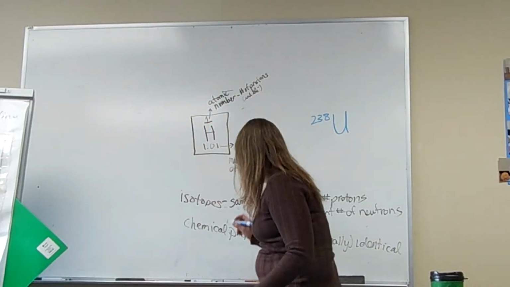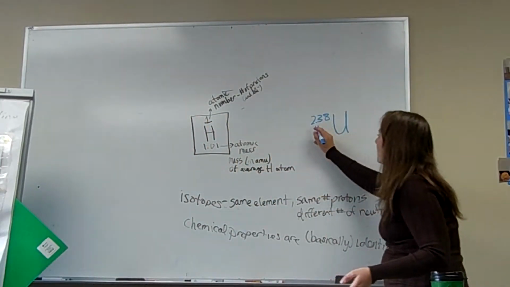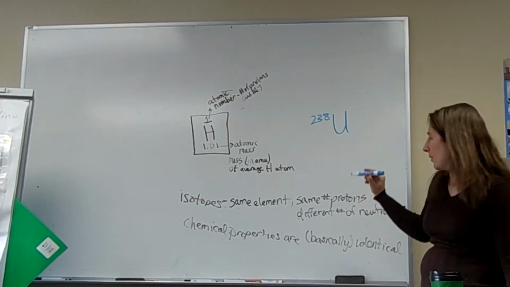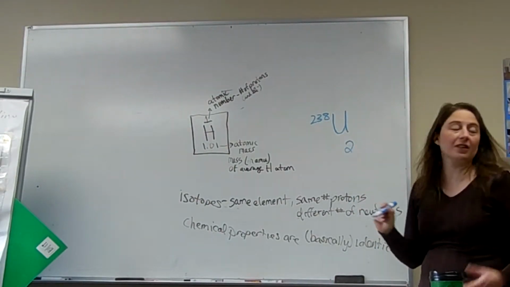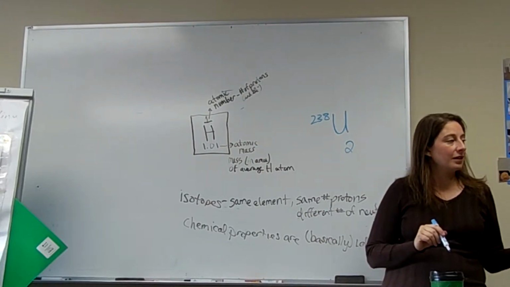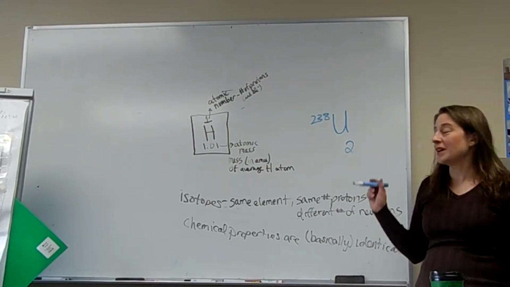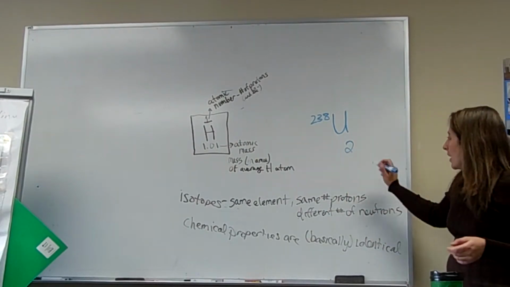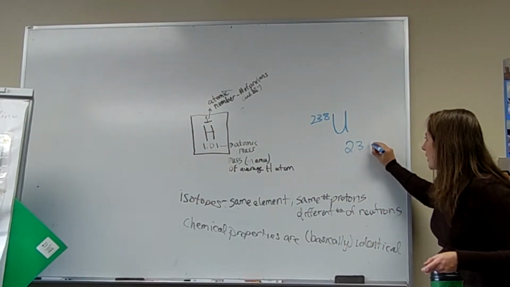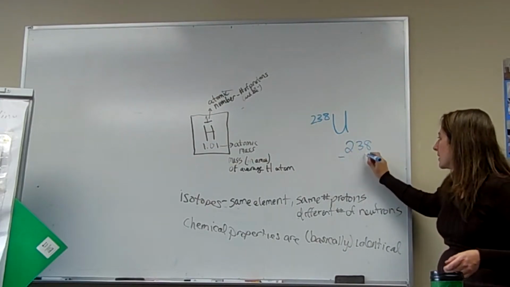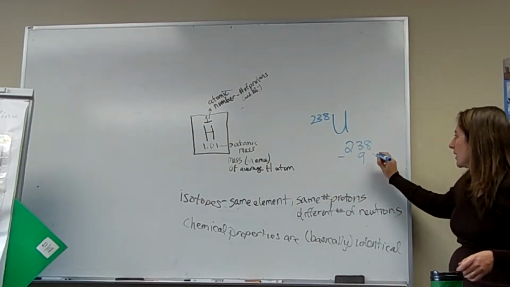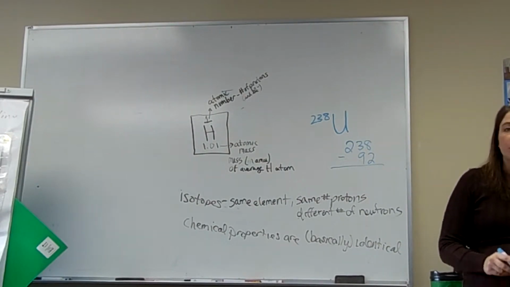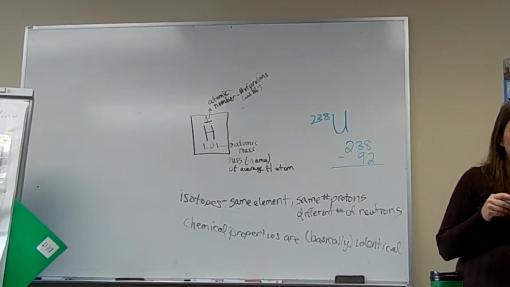Protons and electrons. Okay, so protons would be 92. The isotope number 238 tells us what? Does anyone know? Everything in the nucleus. So 238 things in the nucleus. If you look at the periodic table for uranium, you can see that its atomic number is 92. So that means 92 of the things in the nucleus are protons.